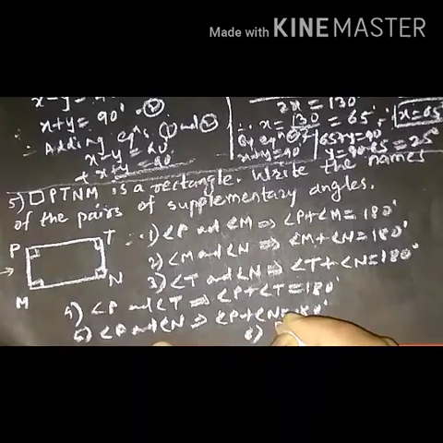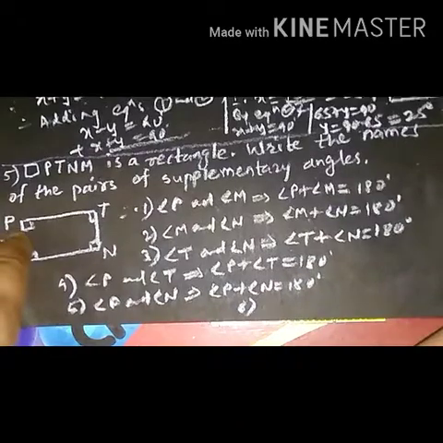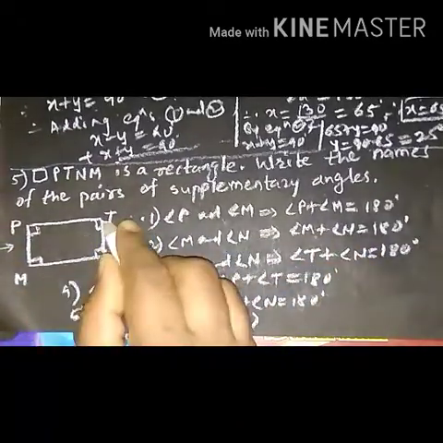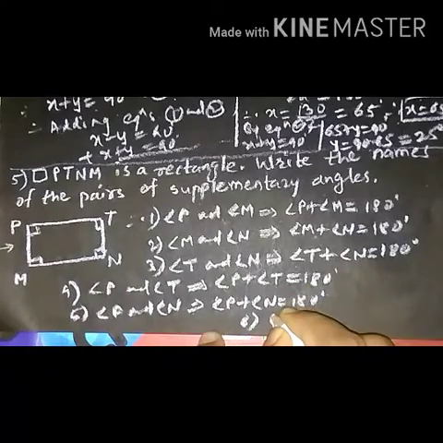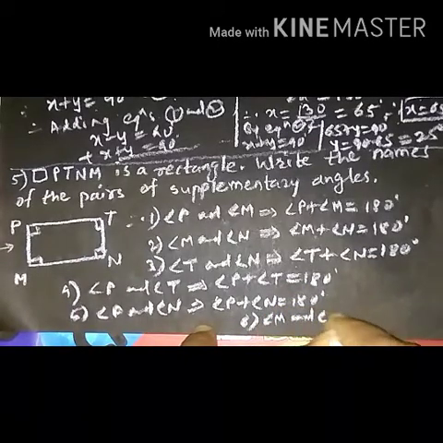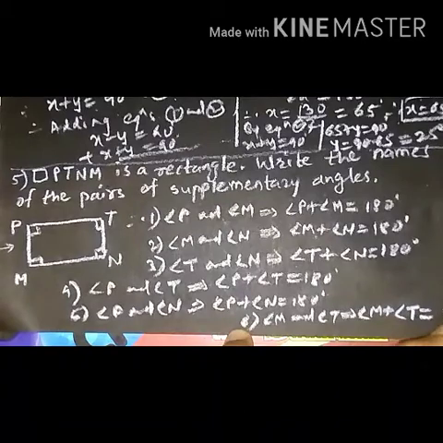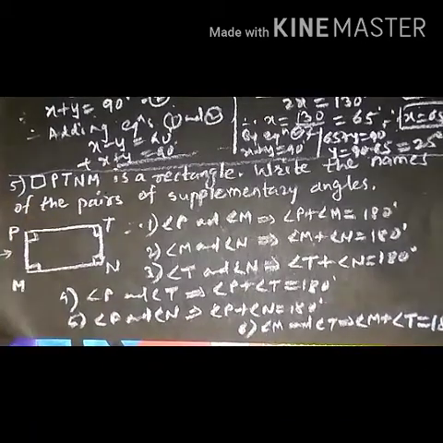Next, number 6, we can take angle M and T. Addition of these two angles is 180 degrees: 90 plus 90 is 180. So angle M plus angle T is equal to 180 degrees. So we got here 6 pairs of supplementary angles.